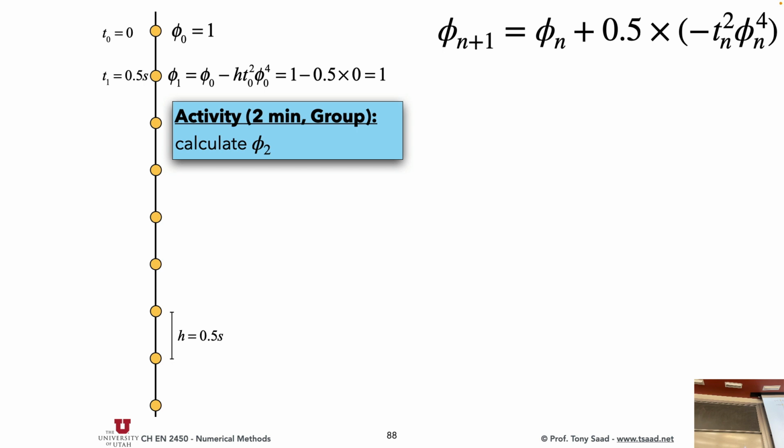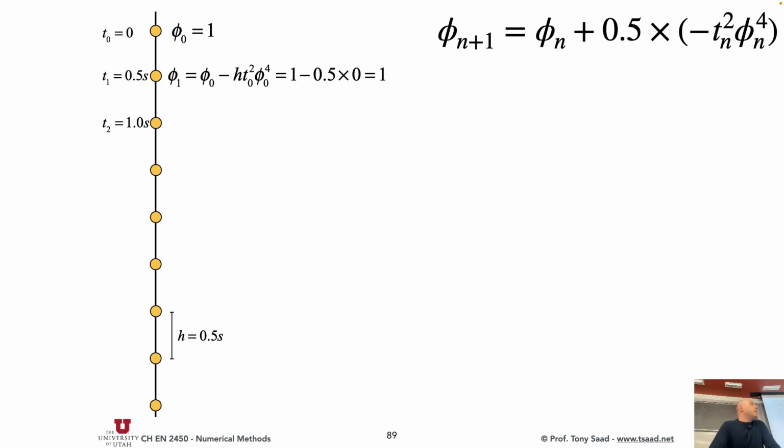If you can just write it down, if you don't have to punch it in the calculator, that's okay. Just get phi 2. I want you to be able to punch in those numbers correctly. Okay.